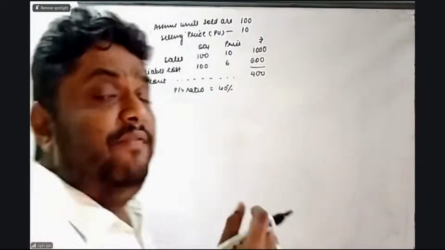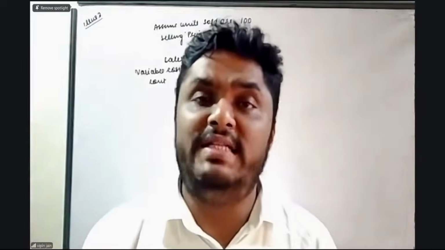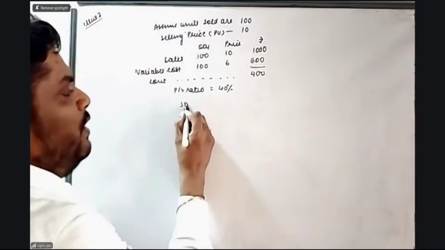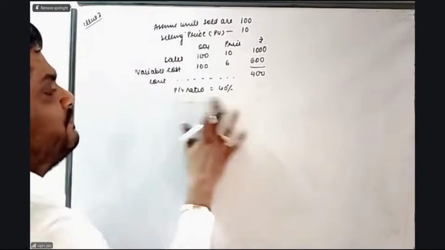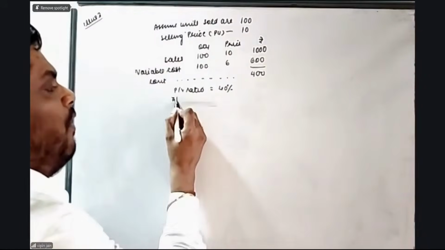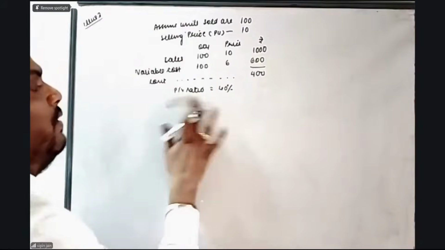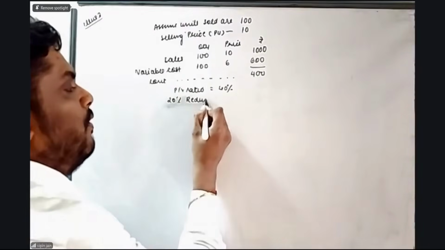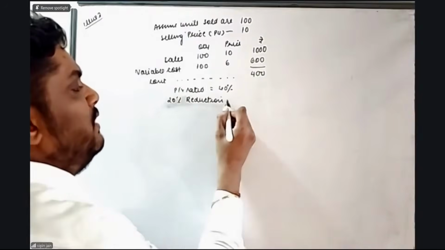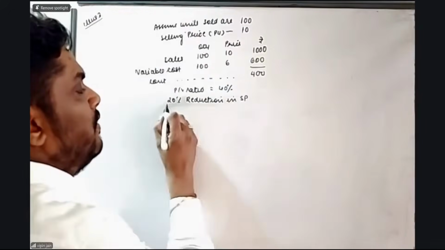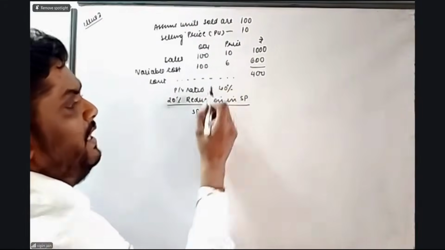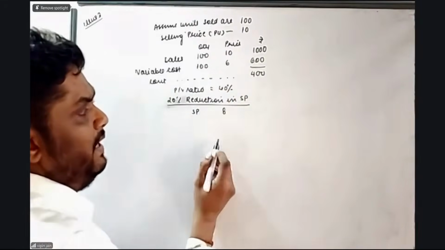Now they are saying that we are planning to revise the price, and we are reducing the price by 20%. So what will be the new selling price after a 20% reduction? 10 minus 20%, that will be 8.